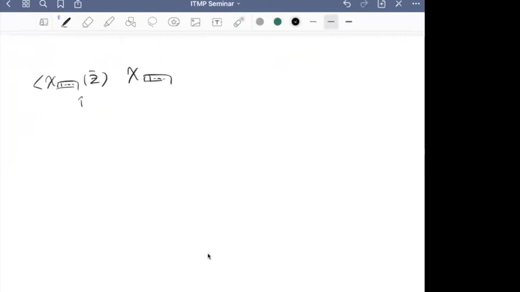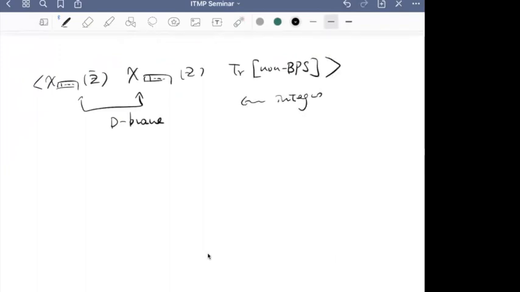Both of them are given by D-branes, and then a single-trace operator, some non-BPS one. And try to compute it from integrability, for instance, and then take the limit where J is infinite. On the other hand, I can try to directly compute the expectation value of the non-BPS operator on the Coulomb branch.